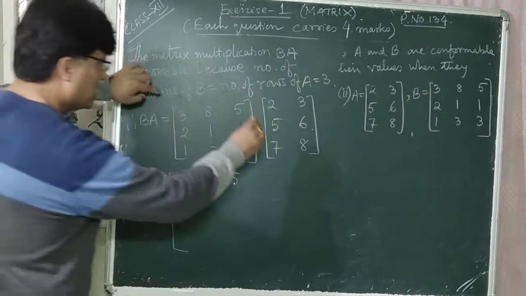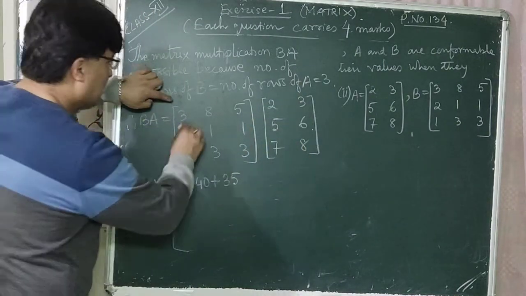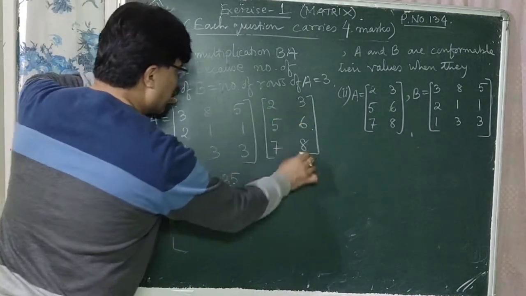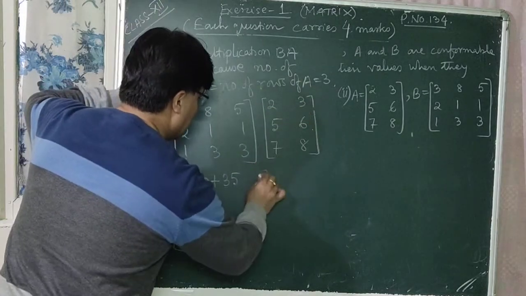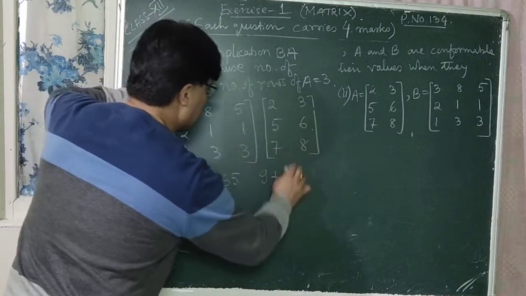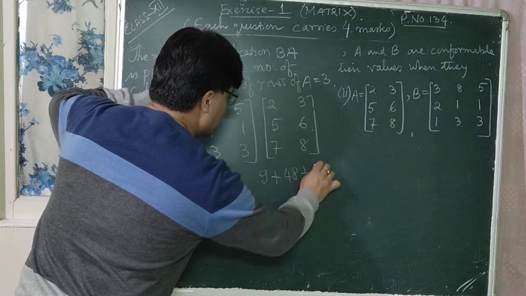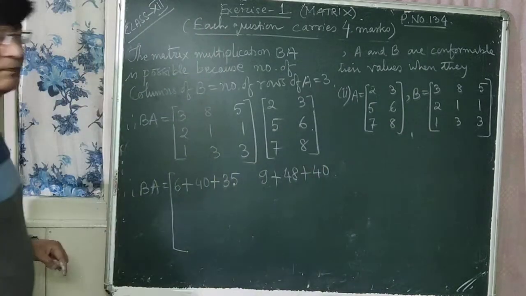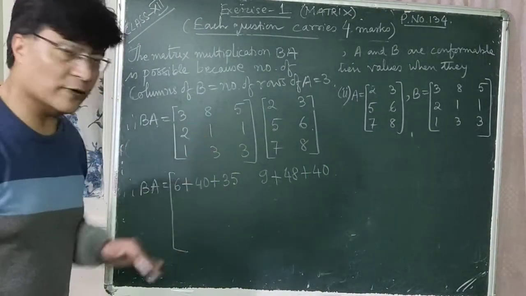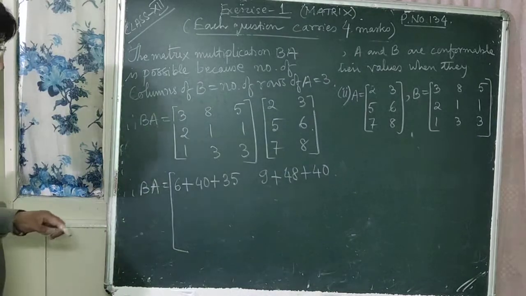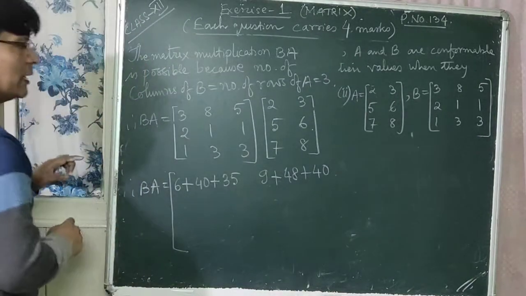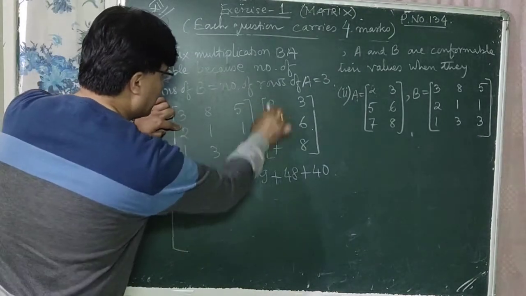Now again, there is a second column also you have to multiply. Multiply the first row by the second column. 3 3s are 9 plus 8 6s are 48 plus 8 5s are 40. So this is the first row of BA. Now next, again you have to multiply the second row by the first column.